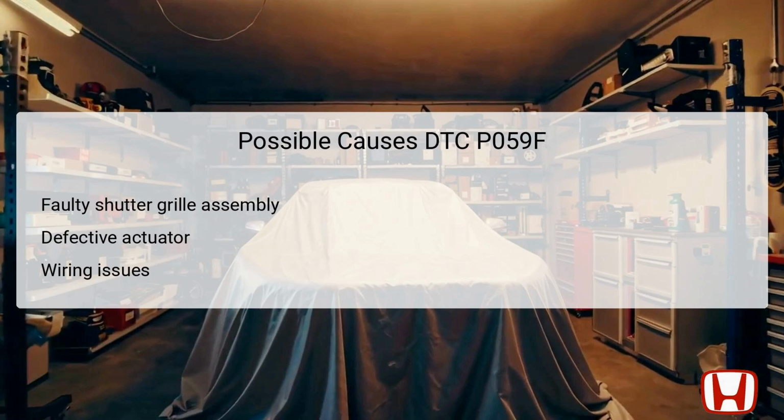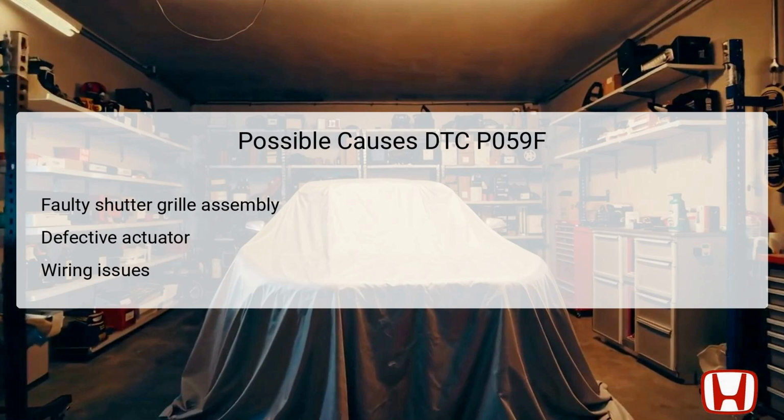There are several possible causes of DTC P059F. A faulty shutter grille assembly may prevent the component from functioning as designed, leading to airflow issues and reduced efficiency. Additionally, the actuator that controls the assembly could be defective, resulting in improper operation or failure to respond to commands.